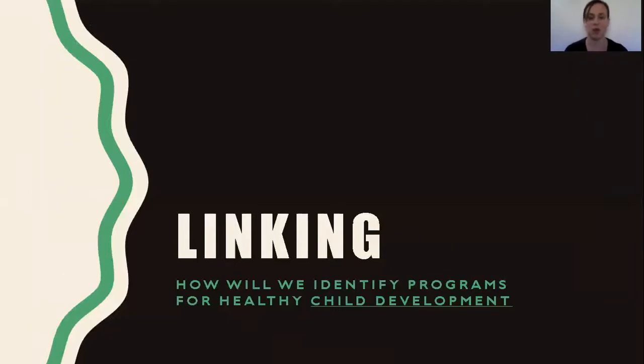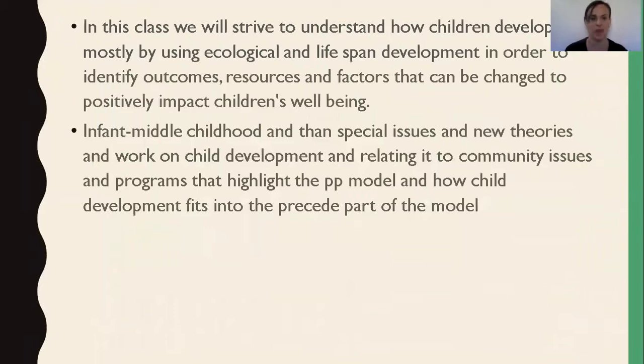Then linking. So how are we going to identify programs for healthy child development? I think my big head is covering that again, so I will read this to you. In this class, we will strive to understand how children develop by using ecological and lifespan development. So it's plastic, it's multidimensional, it's affected by factors, in order to identify outcomes, resources, and factors that can be changed to positively impact children's well-being.